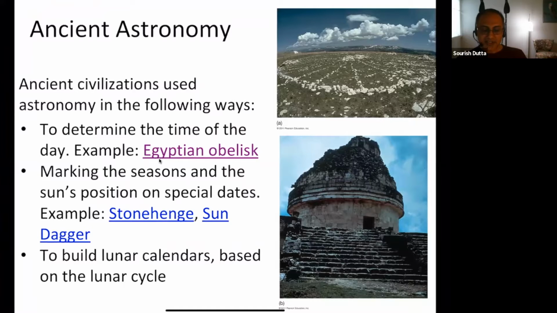Then ancient civilizations would also mark the seasons and the sun's position on special days. They would build devices that would mark these. One example is Stonehenge, which you might have heard of. It's a very old collection of structures found in England.